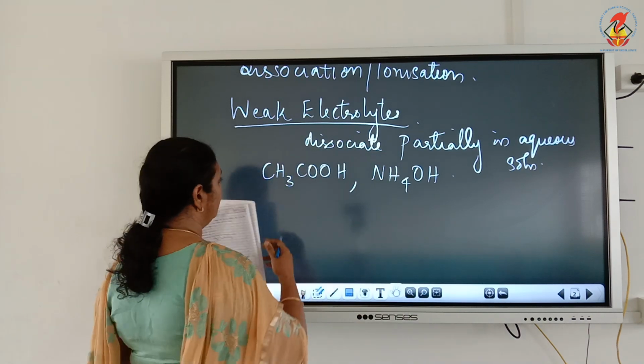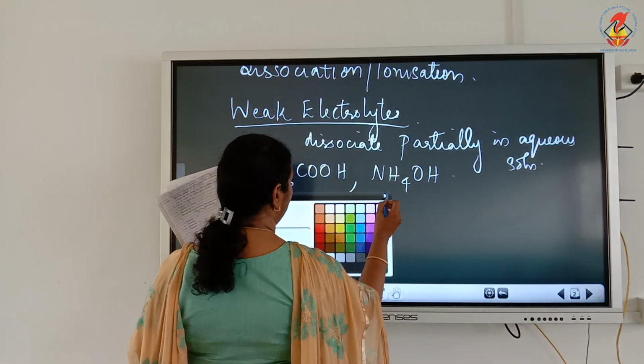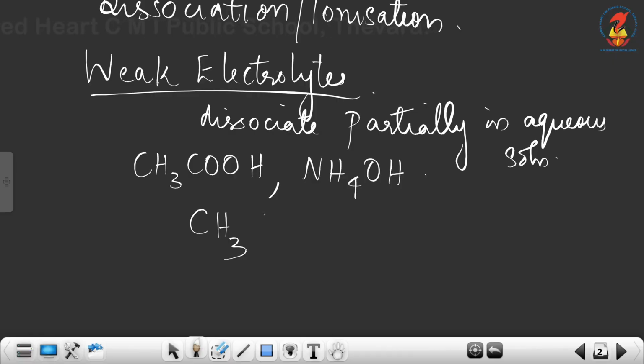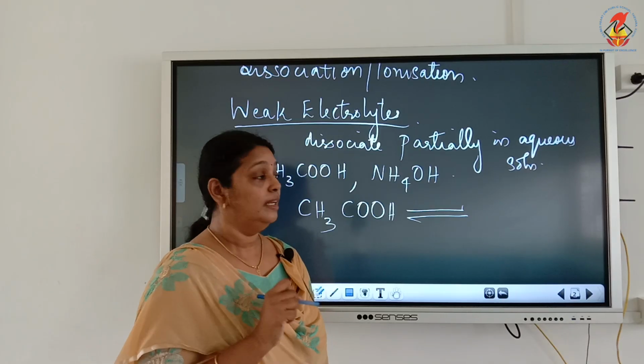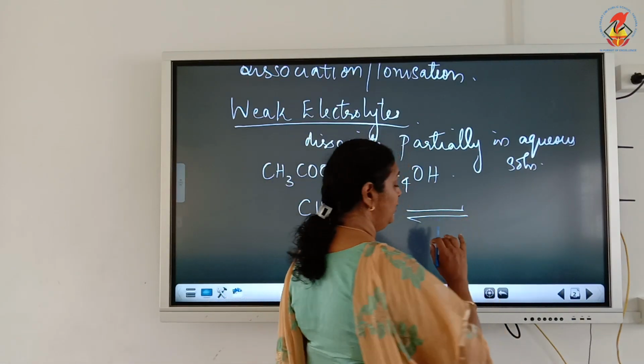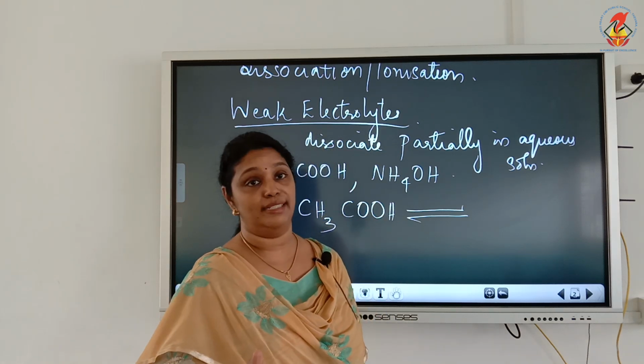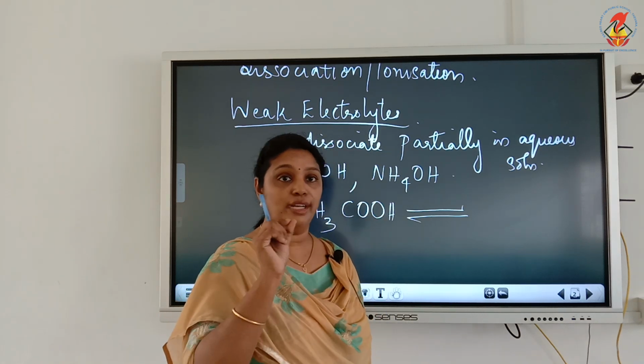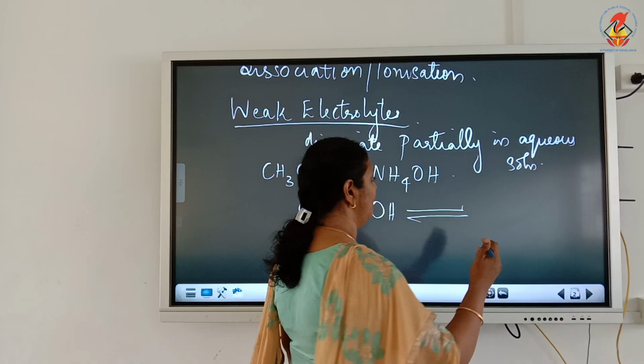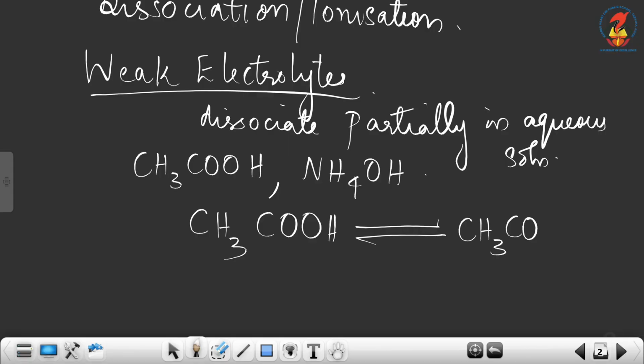Now let's see the dissociation of acetic acid. It's a weak electrolyte. So how can we write it? CH3COOH, and here it's a reversible reaction, or this reaction is at equilibrium. Acetic acid is partially dissociated, which means CH3COOH dissociates into CH3COO minus plus H plus ions.